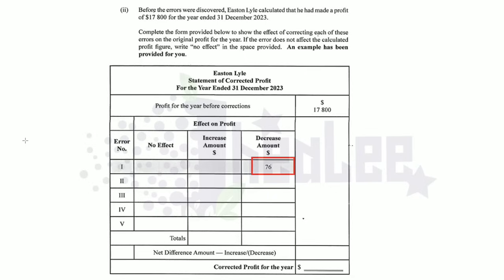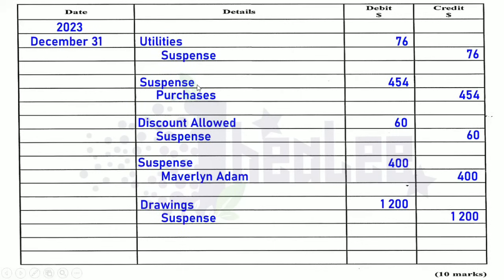So we're now going to look at the others. And let's get back to our response, the general journal, that is. Now we have purchases. And the purchases was overstated by the 454, meaning you would have entered too much. In this case, we're reducing the purchases.